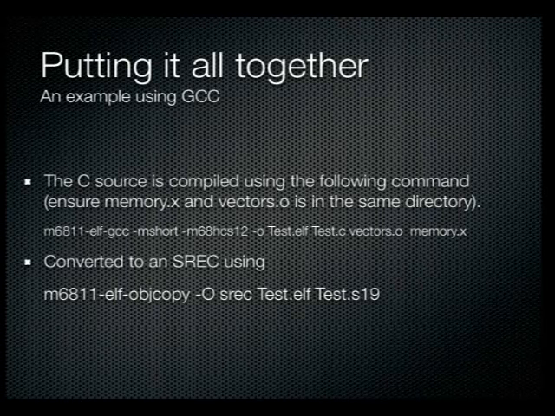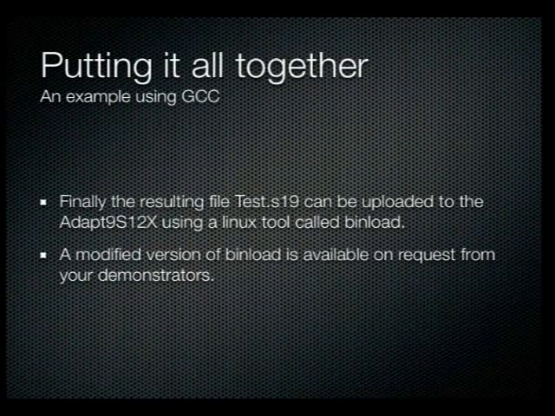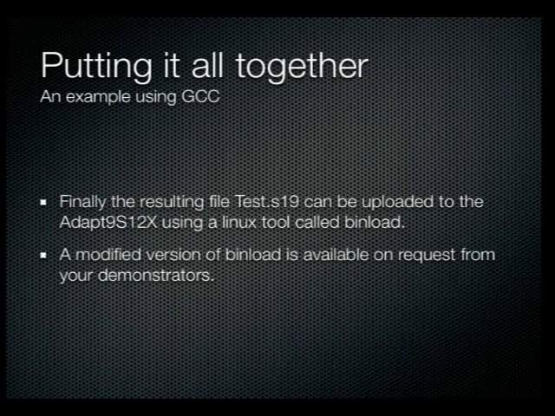So I can then upload that test.s19 file. That resulting S19 file, as I said, we want to upload to our target. We can upload that to the Adapt 9S12X using a Linux tool called binload, okay? And you can get a modified version of this binload program from the demonstrator if you really want to go through and try this for yourself.